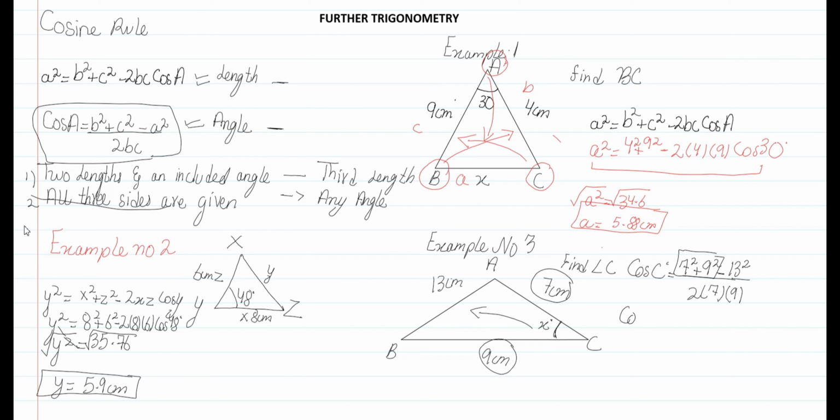So cos C is equals to, just use the calculator, 7 square plus 9 square minus 13 square upon 2 times 7 times 9, it will give you minus 0.309.